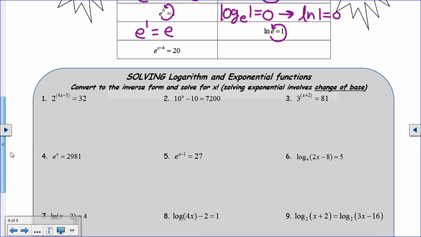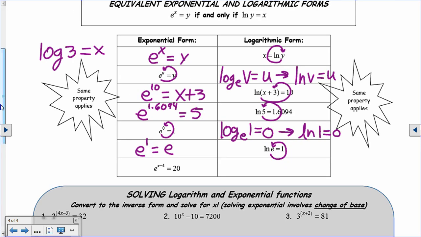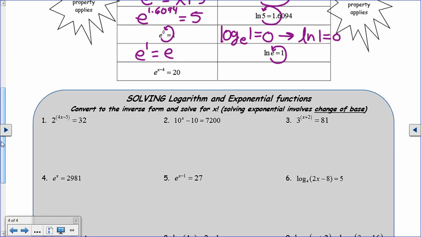Alright, what about the last one? Log base e of what? Yep, but then you have to change the log base e to ln, so ln of 20 equals.